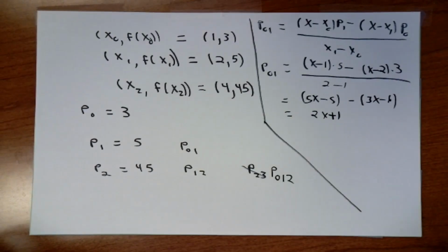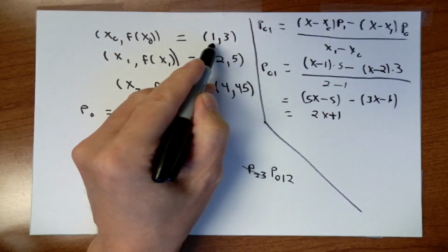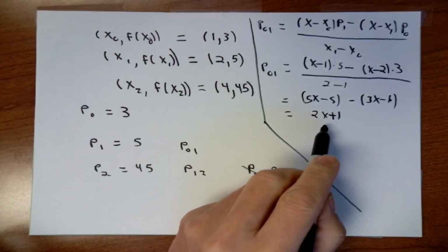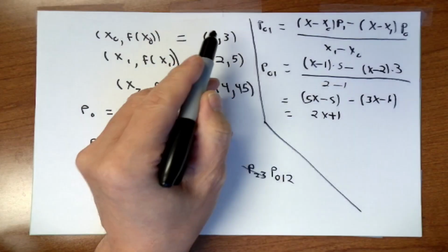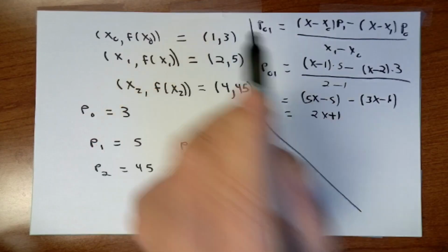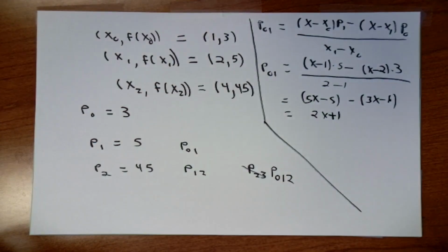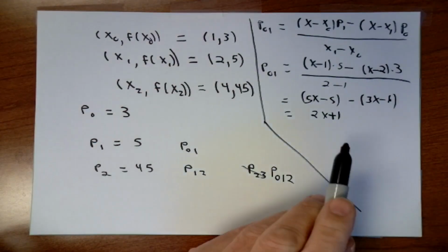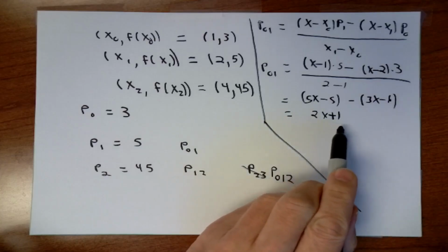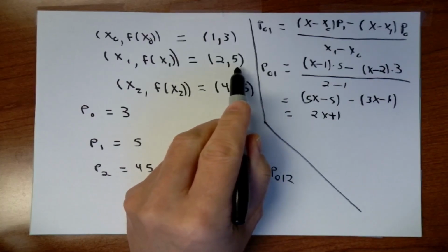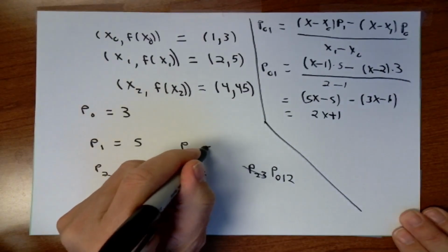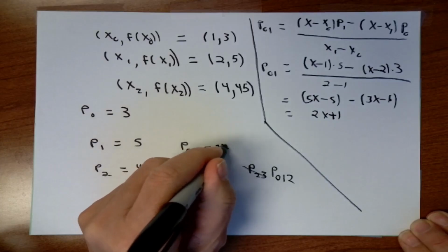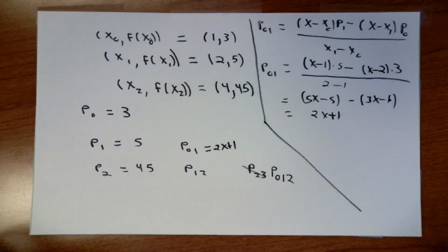If x is equal to 1, the value of this polynomial is 2 times 1 plus 1, which is 3, as it's supposed to be. Also, if x is 2, 2 times 2 is 4, plus 1 is 5, just like it's supposed to be. One down, 2 to go.